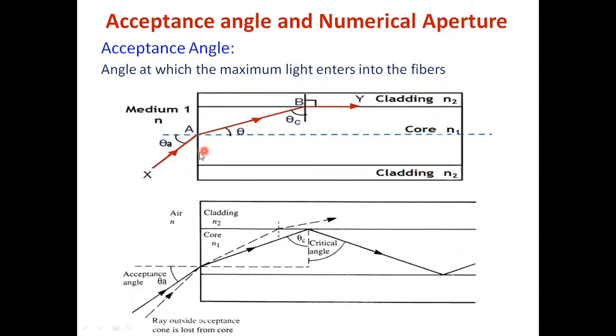Let us go through the diagram to understand what the acceptance angle is. Now, the light enters from the air medium N to the interface of core and air medium at an angle theta A. The light is then refracted into the interface of N1 and N2 medium at point B at an angle theta C. Theta C is nothing but the critical angle at which the light travels completely along the interface of two different media.